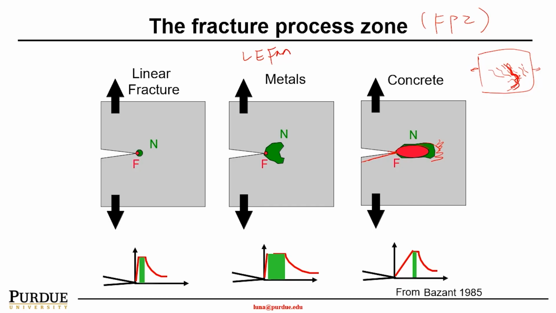So therefore, Professor Bazant from Northwestern University in 1985 proposed this fracture process zone in concrete, and based on his theory, in concrete it is very important to consider the fracture energy, the mesh size, and also size dependency, or people call it a size effect in concrete.